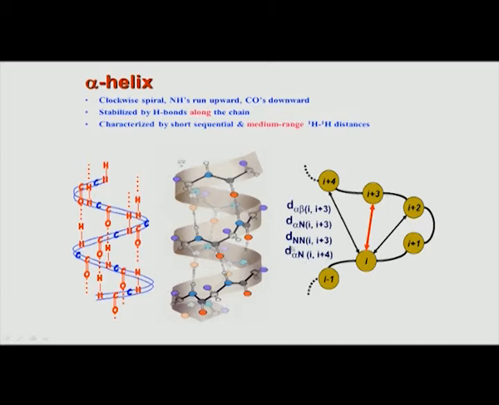By simply looking at the NOESY spectrum, you should be able to see a chemical shift correlation between the alpha proton of I and the amide proton of I plus 4. Such a correlation immediately tells you that these two atoms are within 5 or 6 angstroms, and then they belong to an alpha helix, because only in an alpha helix do the residues take a turn and give you information on the secondary structure.